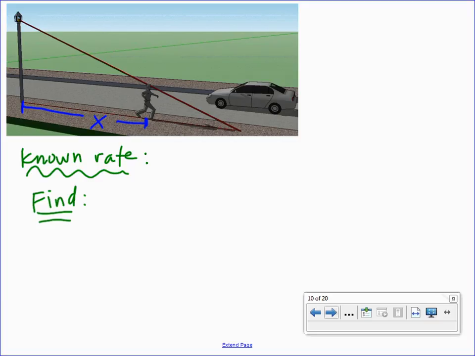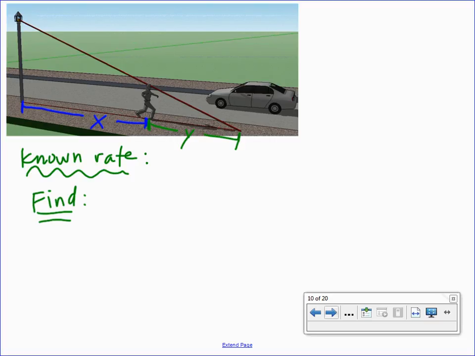Is that changing over the course of the problem? Yep. So we have to label with our variable x. What else is changing? We're trying to figure out the rate at which his shadow is increasing, so we need a variable for our shadow distance as well, and I'll call it y.